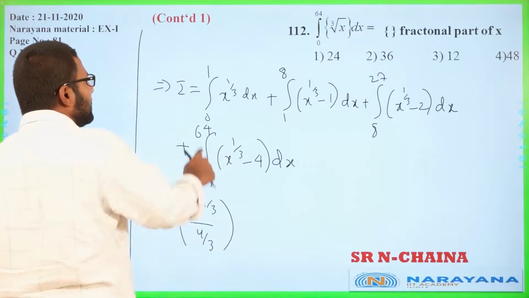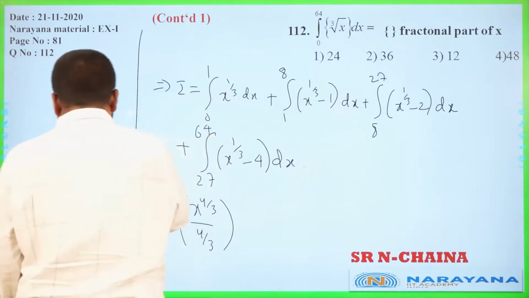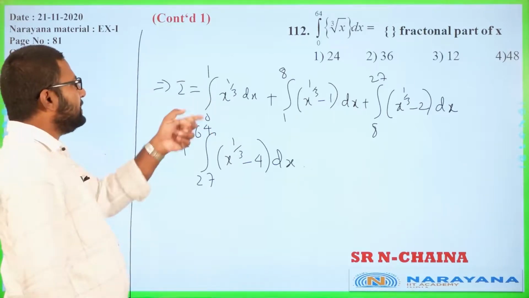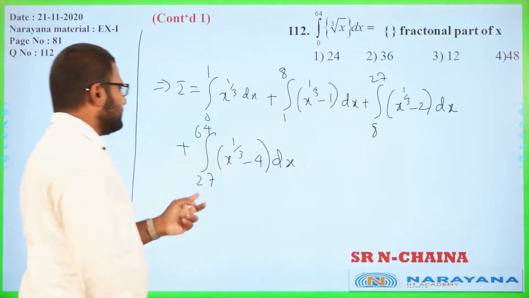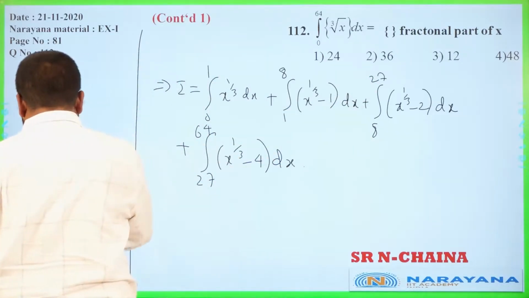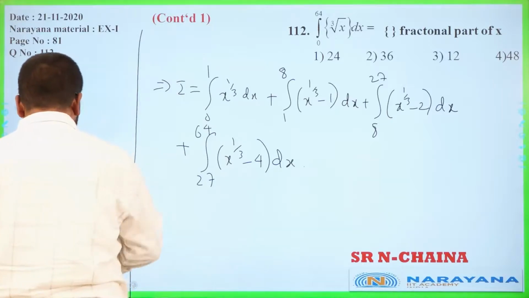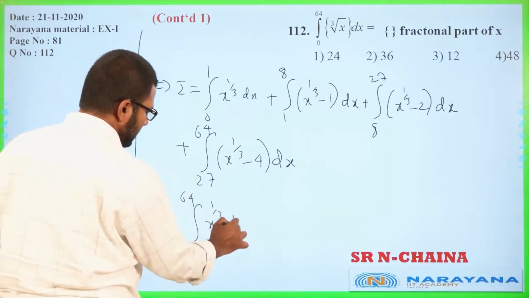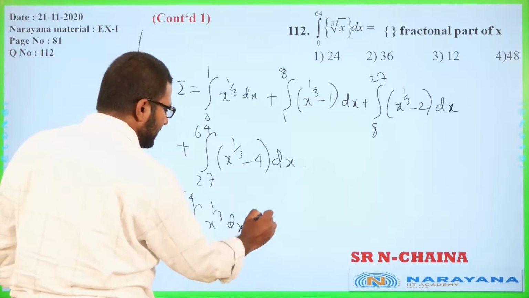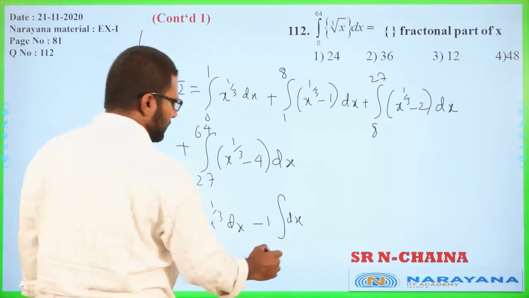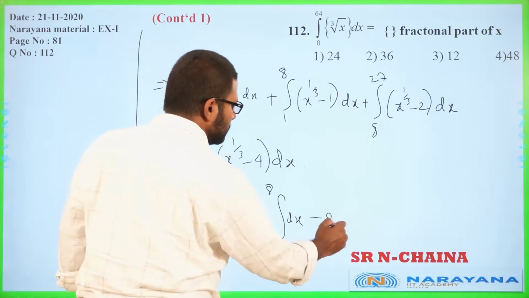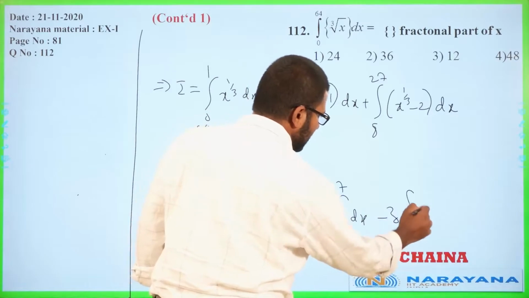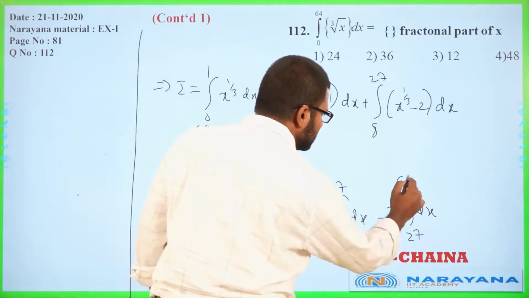In fact, if I combine just the x terms, x raised to 1 by 3 over 0 to 1, then 1 to 8, 8 to 27 and 27 to 64, the x raised to 1 by 3 term can be written as integral 0 to 64 x raised to 1 by 3 dx, minus 1 integral dx from 1 to 8, minus 2 integral dx from 8 to 27 and minus 3 integral dx from 27 to 64, right?